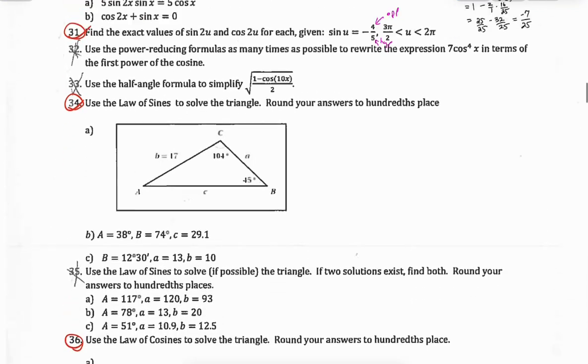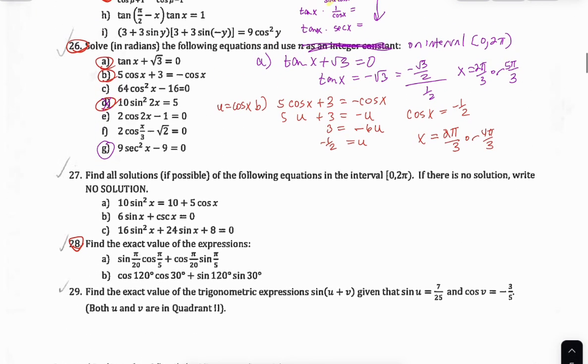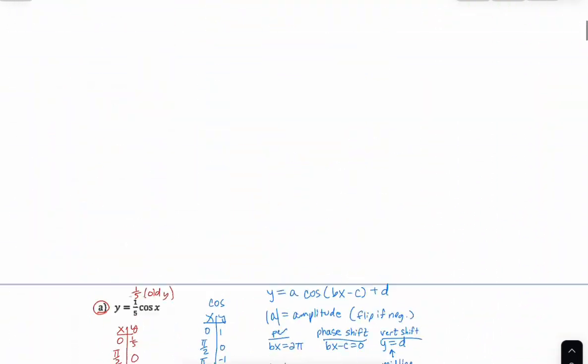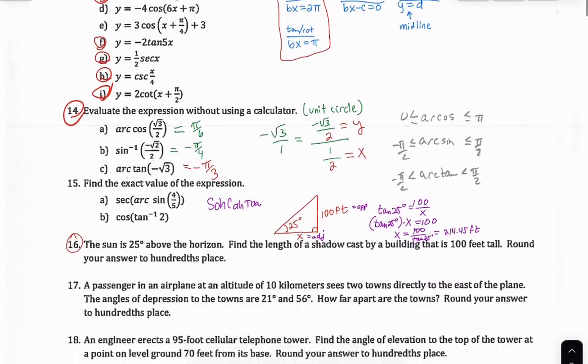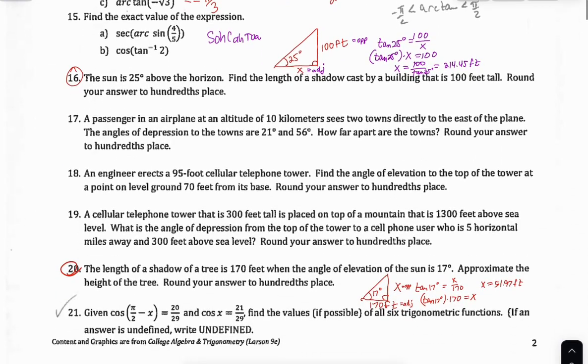Now, let's see here. I think we're going to go backwards just a little bit. I wanted to talk about some angles of elevation and depression. So go back to the section, and let's talk about 18.